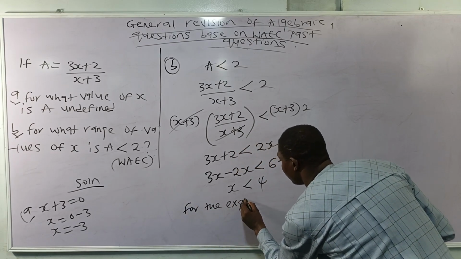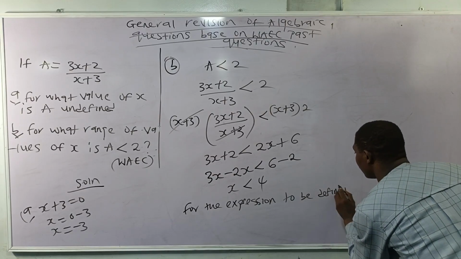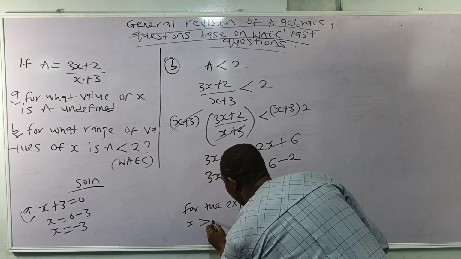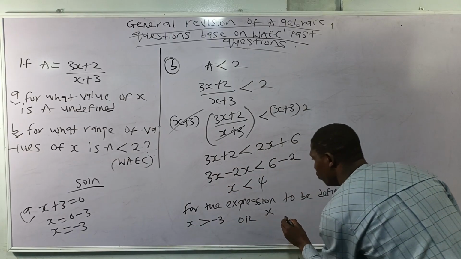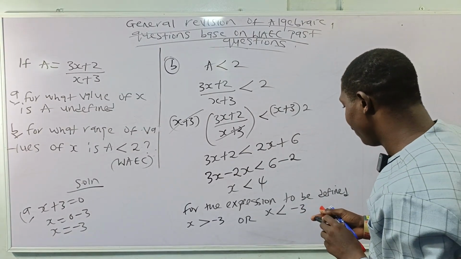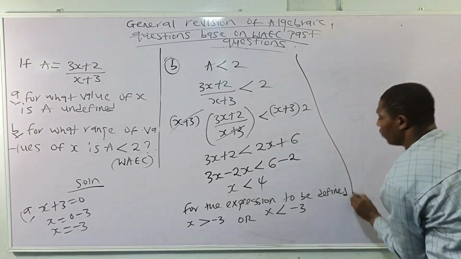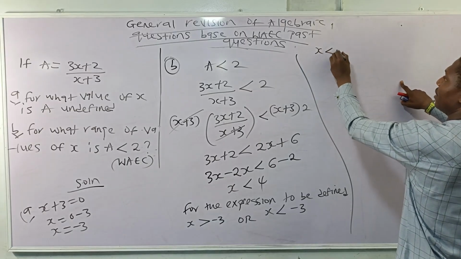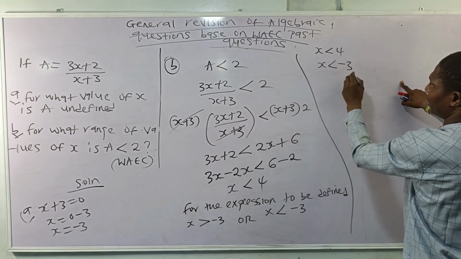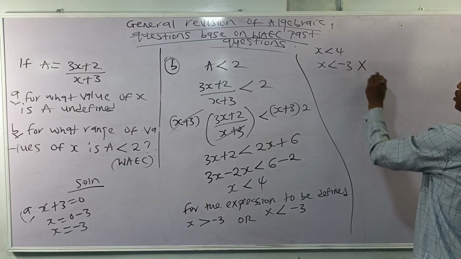For the expression to be defined, x will be greater than minus 3 or x will be less than minus 3. Now, if we say x is less than minus 3, we can't combine x less than 4 and x less than minus 3.